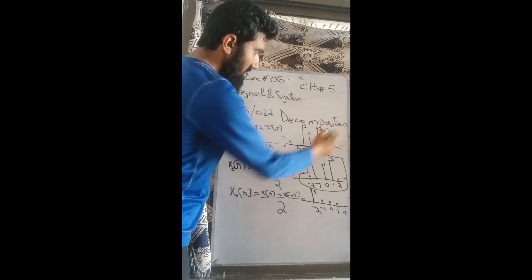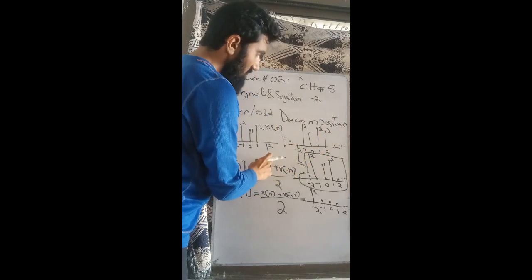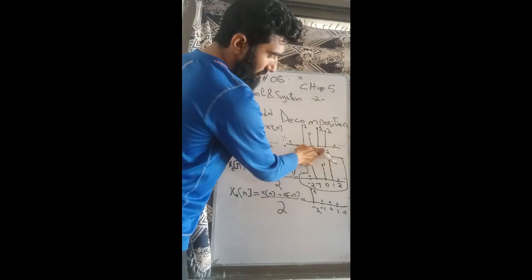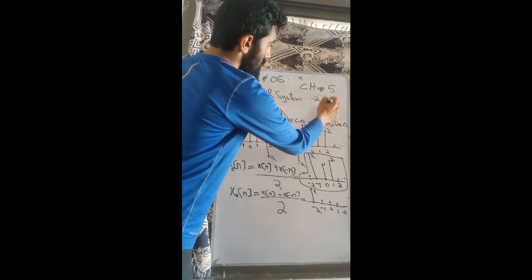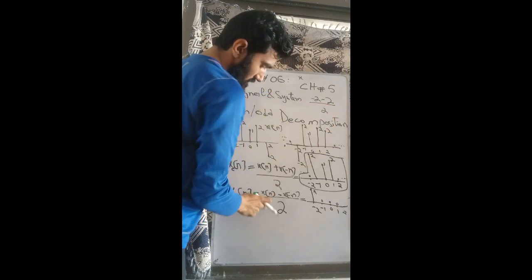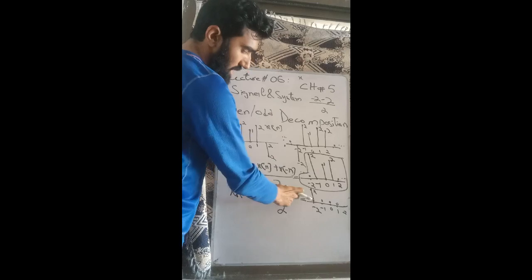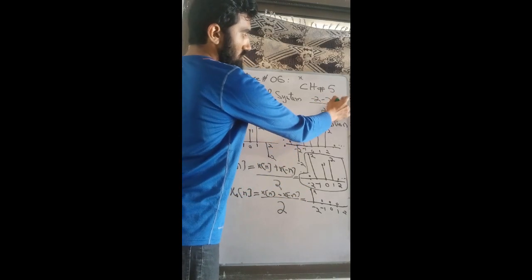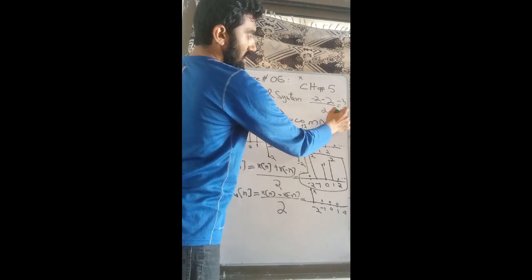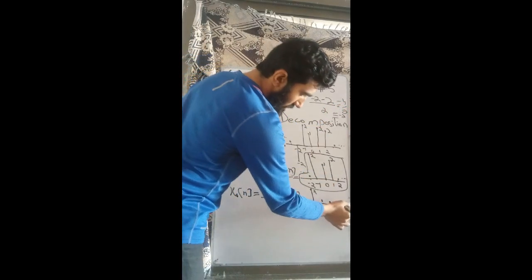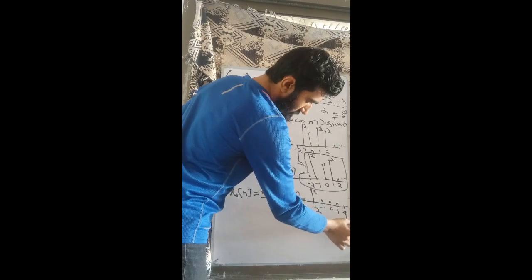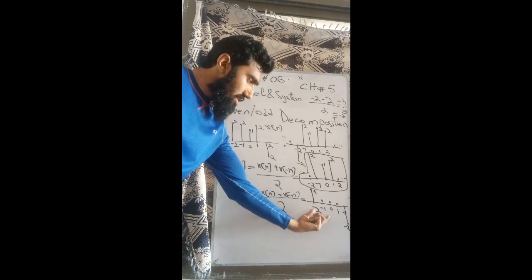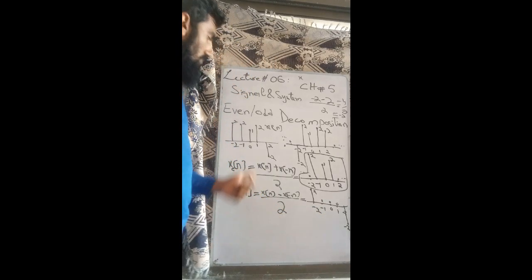Using the formula, x of n minus x of minus n, divided by 2, we get 2 minus 2 minus 4 divided by 2, and the final answer is -2. So this signal that we have got is the odd part of the signal.